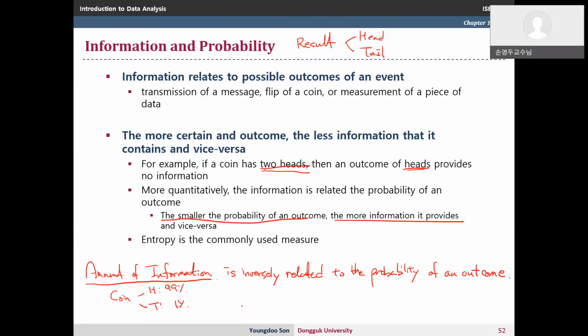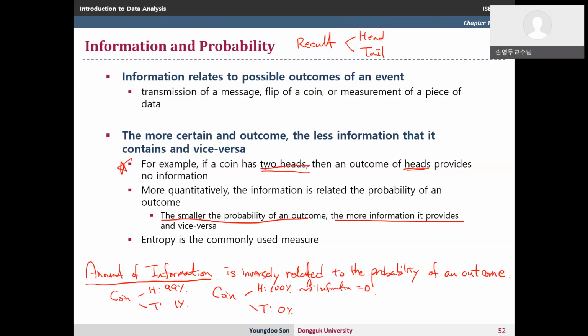Now in the example of the first case, if the coin has two heads, the probability of head is 100% and the probability of tail is 0%. So in this case, the amount of information should be 0 because it does not give any information.